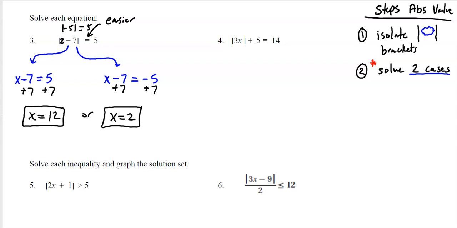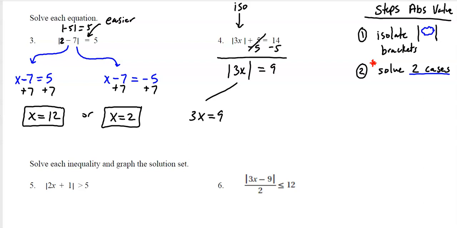On this next example, I first need to isolate the bracket. So what I'm going to do is subtract that 5 from both sides first. And now I have absolute value of 3x equals 9. And now I can bust into my two cases. Either 3x equals positive 9 or 3x equals negative 9 for case number 2.